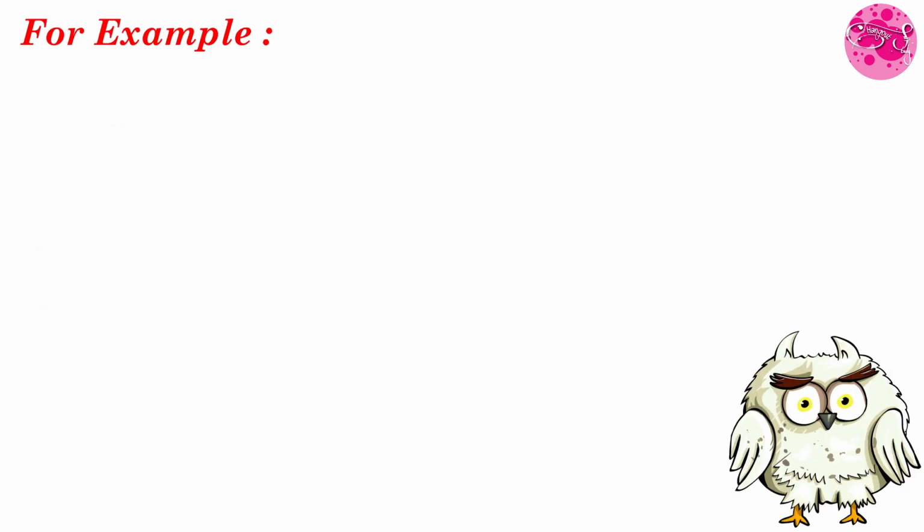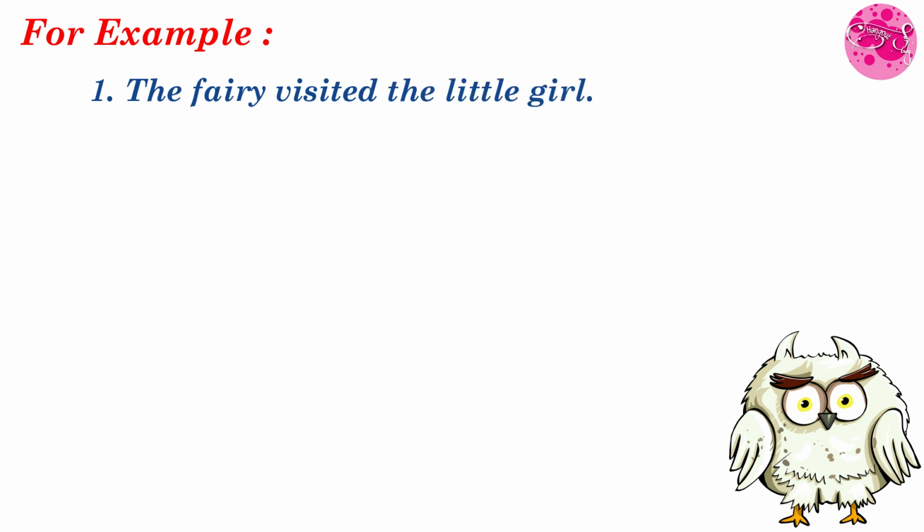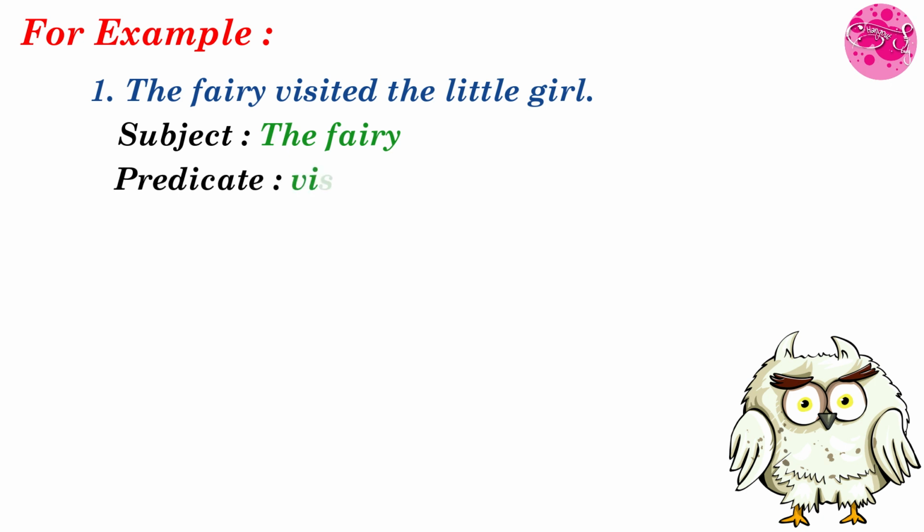For example, the fairy visited the little girl. Now children, here which is the subject? Remember the simple rule: the words which come on the left side are the subject. So the left side words are the fairy. So the subject is the fairy. And then the predicate will be the remaining part of the sentence: visited the little girl.